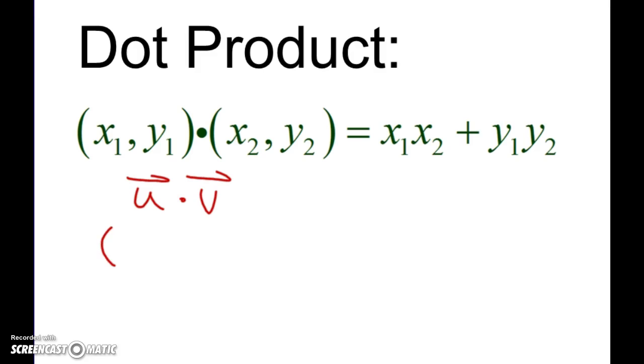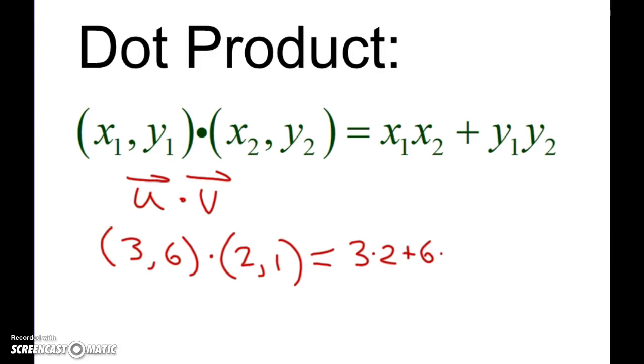If you had (3, 6) dot (2, 1), that would be 3 times 2 plus 6 times 1, which is 12.